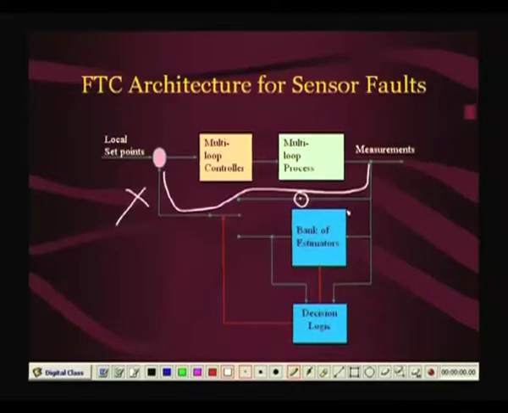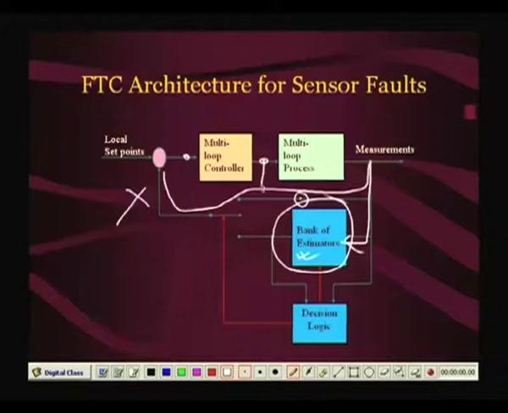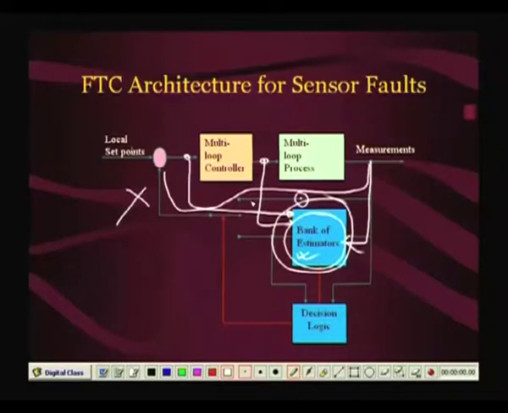So, rather than that, if we have a bank of estimators, these could be Kalman filters, observers, artificial neural networks, various kinds of models which will estimate this quantity. It will take the measurements as input, it will also take these various plant signals as inputs, and it will first detect whether any sensor is faulty, and then if it is faulty, compute that signal based on many other measurements.